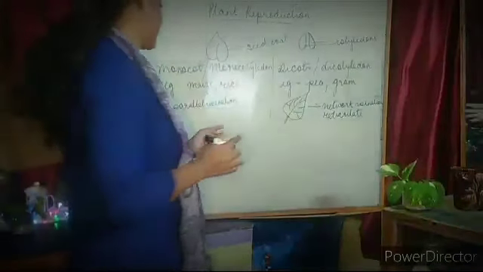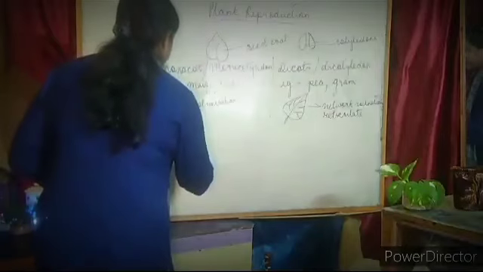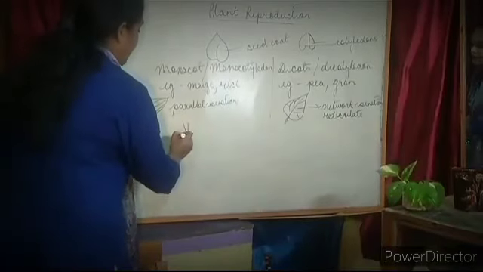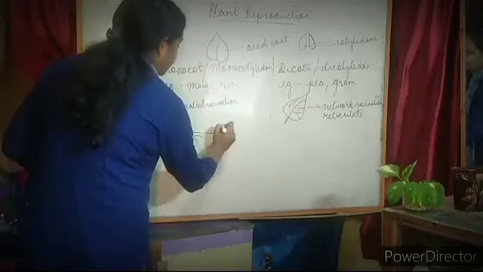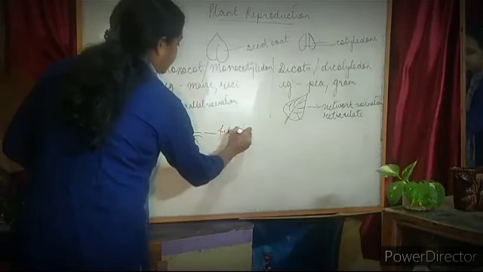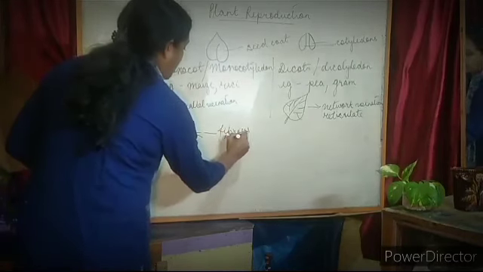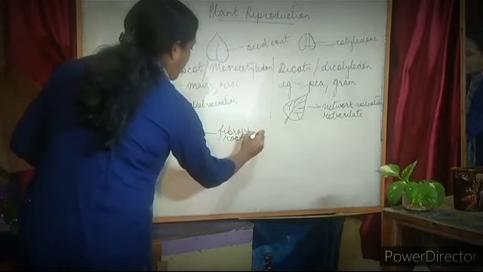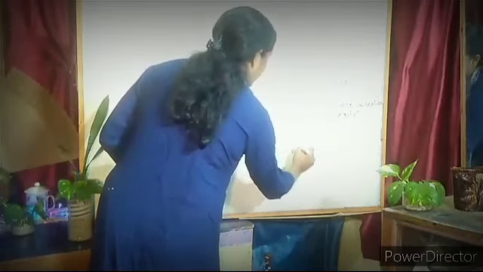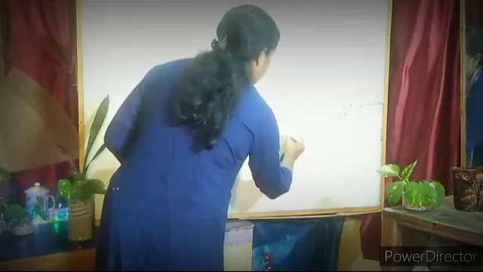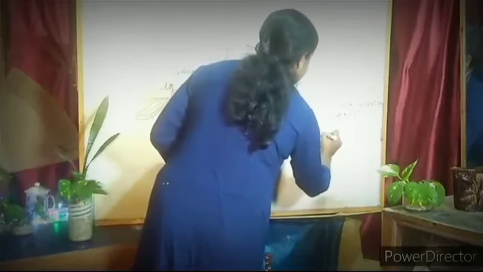Again, if we see the roots, monocot plants show the fibrous root system, whereas dicot plants have the taproot system.